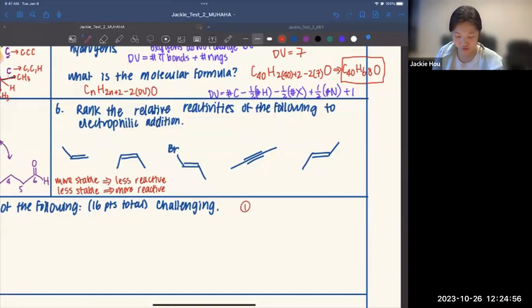The first thing we need to understand is our substituents, meaning what is connected. So what is connected to my sp2 or sp carbon? Is it going to be an electron donating group, like an alkyl group?